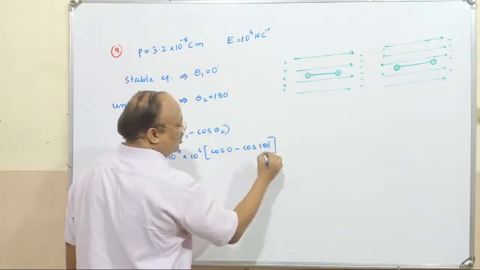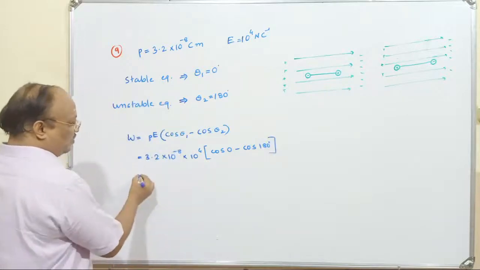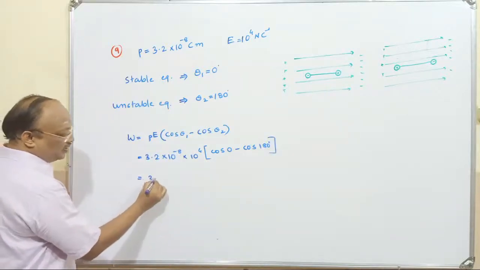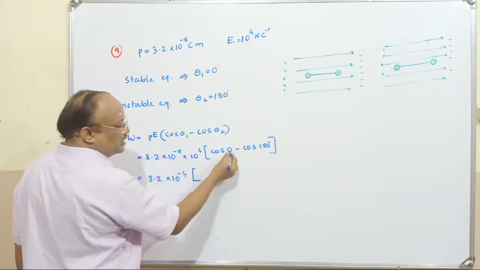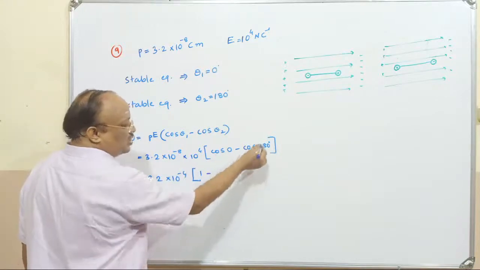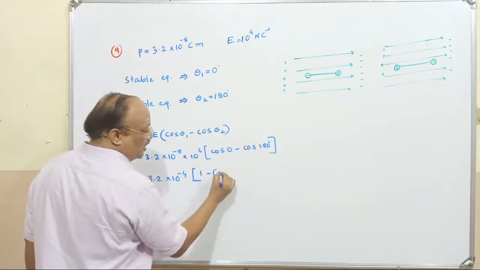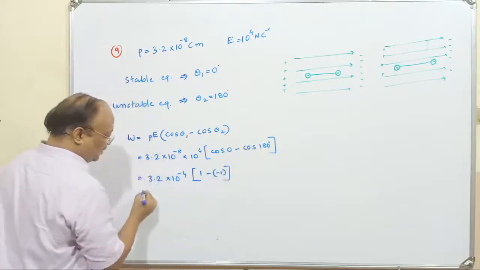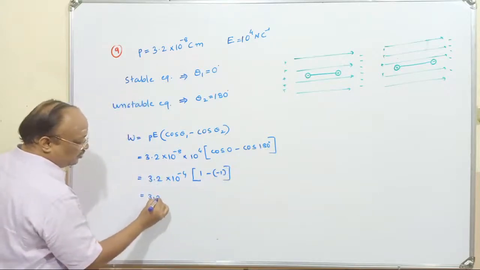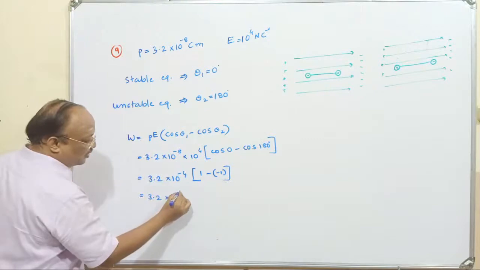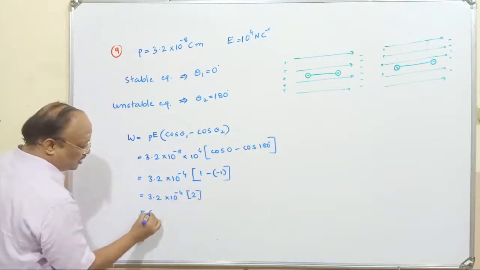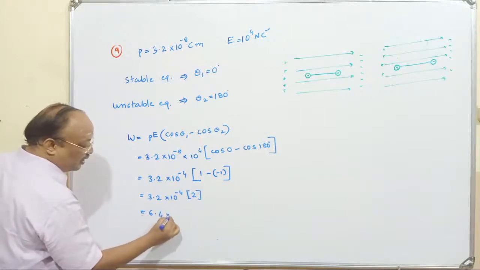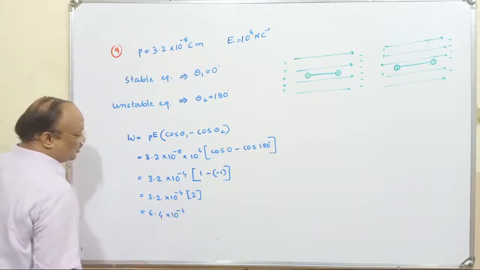From stable to unstable they are moving. So it is 3.2 into 10 to the power of minus 4. Cos 0 is 1, minus of this value is minus 1. So this is 3.2 into 10 to the power of minus 4 into 2, which is 6.4 into 10 to the power of minus 4.